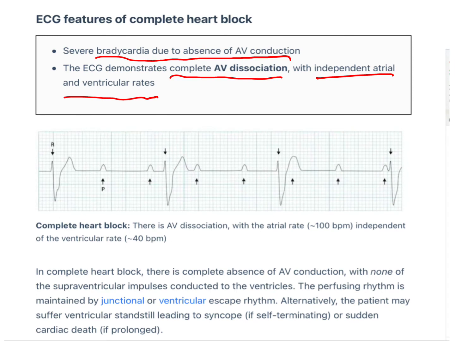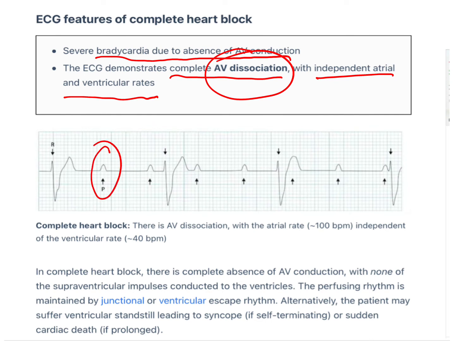They are not dependent. The atrial activity will not be followed by the ventricular activity. There will be complete AV dissociation, and such patients will have severe bradycardia.